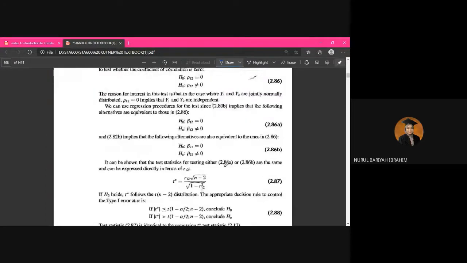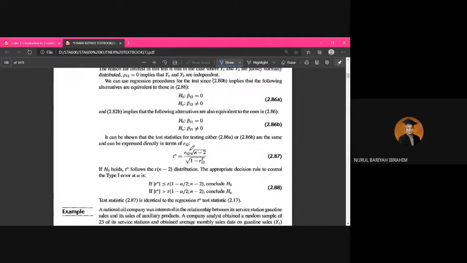Okay, so the test statistic will be this. The value of the Pearson correlation coefficient multiplied by the square root of sample size minus 2, or number of observations minus 2, divided by the square root of 1 minus the value R squared. Then it follows the t distribution. We will use the t table to check the critical region, whether we reject H0 or fail to reject H0.